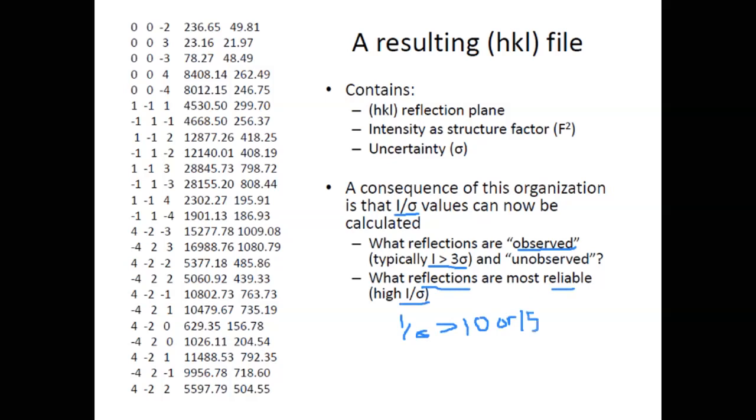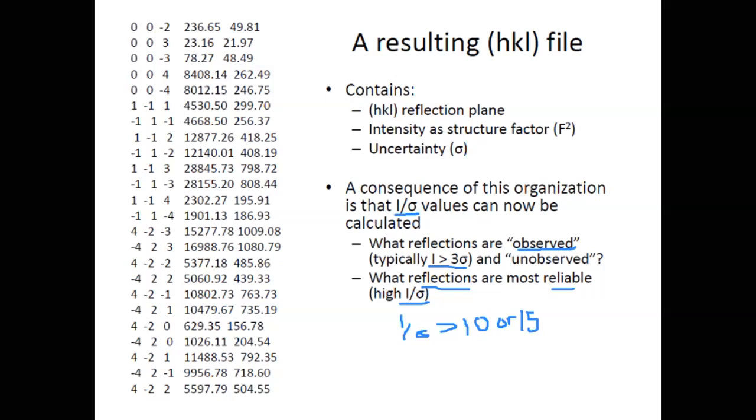So if your I over sigma is not at least greater than 10, you have very weak diffraction, very weak intensity data. So again, I over sigma needs to be greater than 10. If it's less than 10, it's not as easy, I guess you could say.